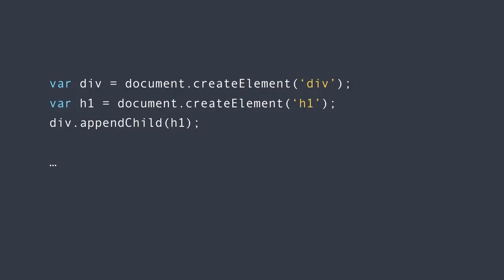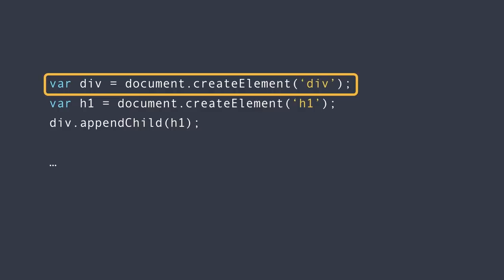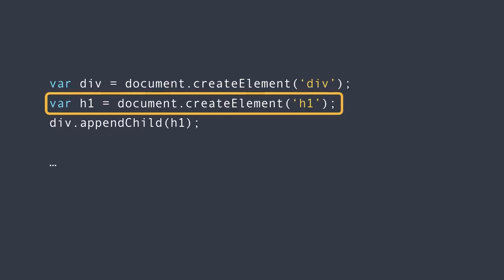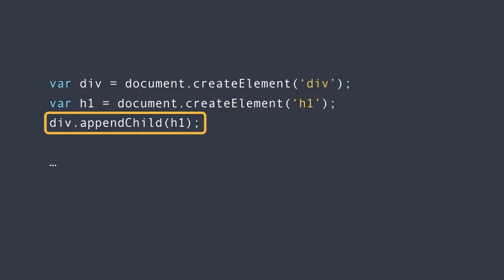So here's an example. This is a very simplified example. When Angular compiler parses the template for our home component, it may produce some JavaScript code like this. So here we create a new element using document.createElement. This is our div. Then we create an h1, and next we append this h1 as a child element inside this div. Now after this, there's going to be some code to take the value of the title field from our component and display it in the DOM.